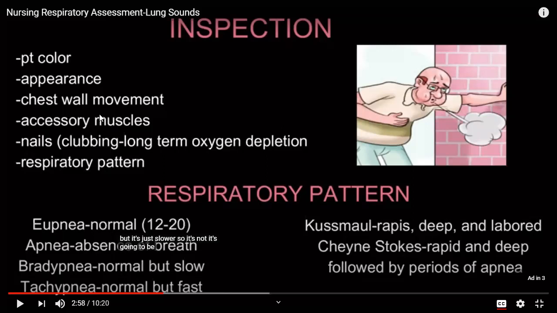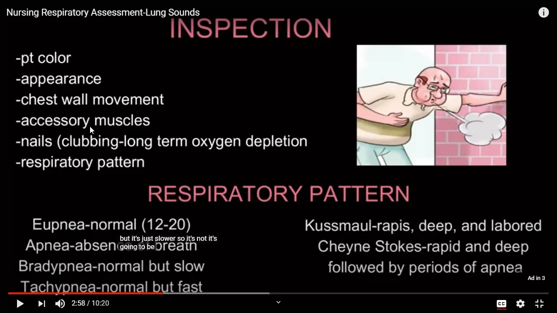Also see the accessory muscles. The major muscle of the respiratory system is the diaphragm. But if the patient has any kind of respiratory problem like COPD, chronic obstructive pulmonary disease, at that time the patient uses the accessory muscles, meaning muscles in the neck, the sternocleidomastoid muscle, and the intercostal muscles are used too much, and you can see there's something wrong.